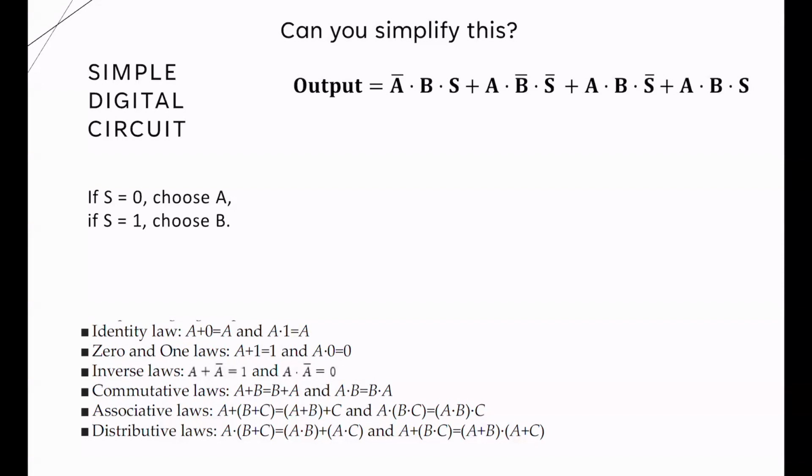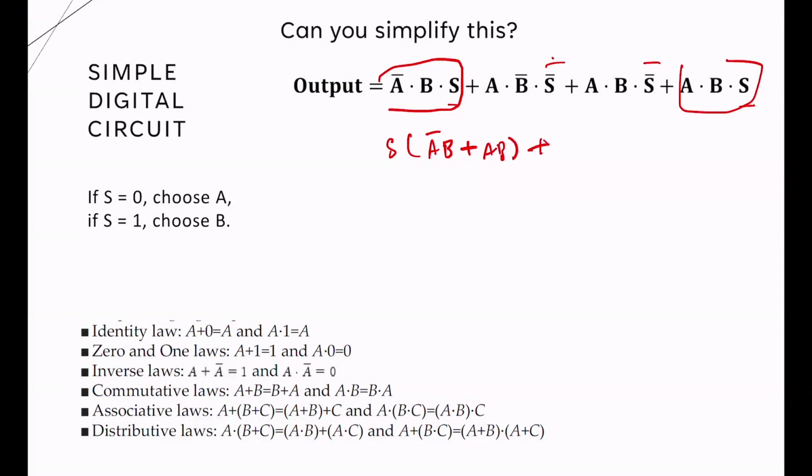Like this, for example, you see that the common thing you can pull out of the equation would be S or S bar, A or B. Here we have S and then S bar, so you put S outside and the inside would be A bar B. Or with this one, it's AB here.